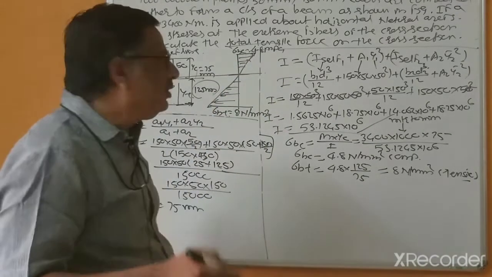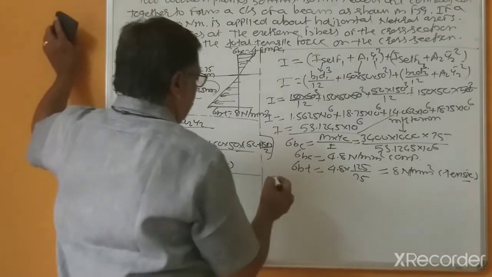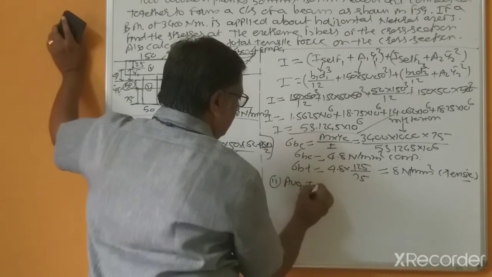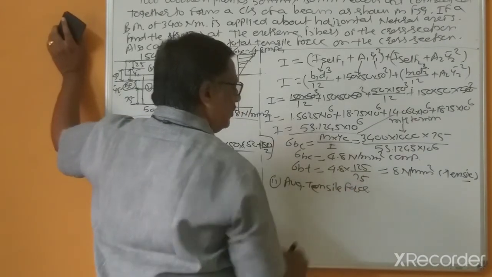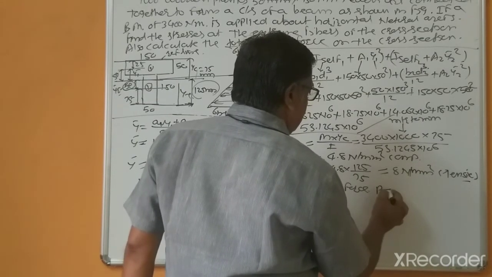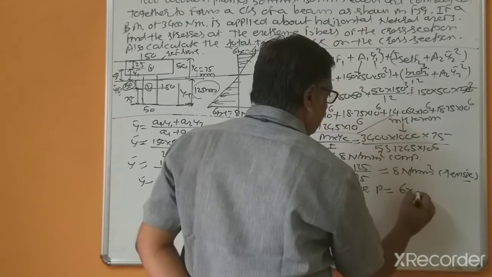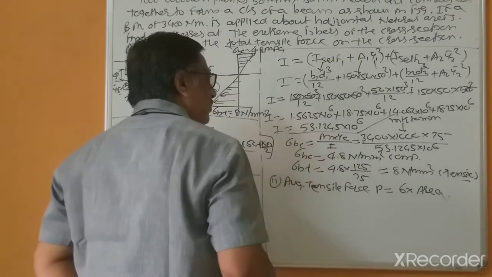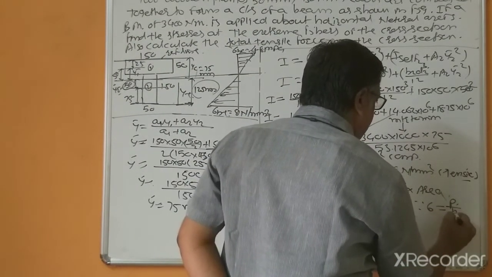Now, what is asked? Tensile force on the cross section. So that's why the second part, average tensile force equals. So as you know, P equals stress multiplied by area, because stress equals P divided by area.